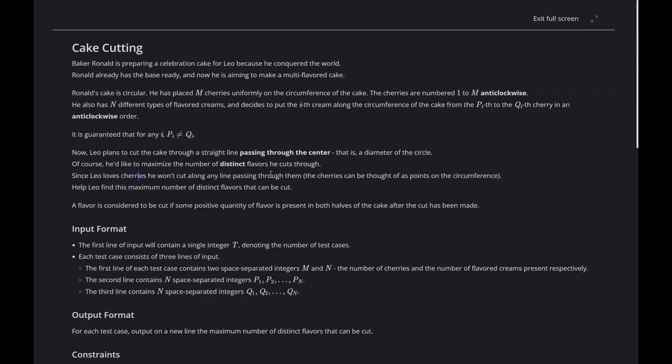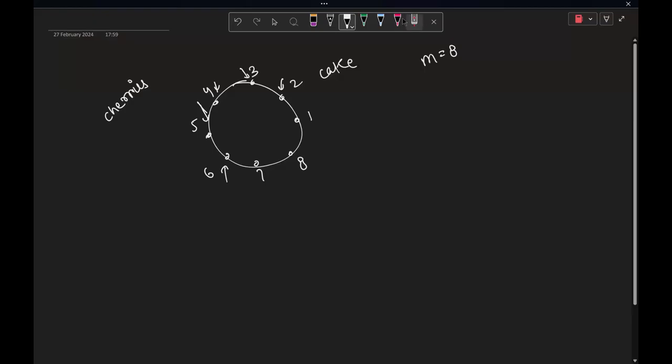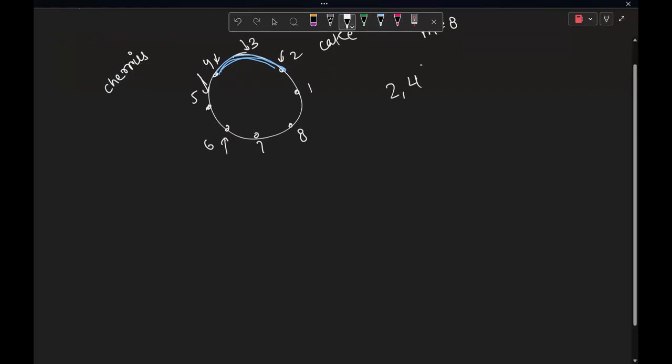And there are some flavors. Something like this can happen, that there is a flavor from 2 to 4. Similarly, there can be a different flavor from 3 to 5.